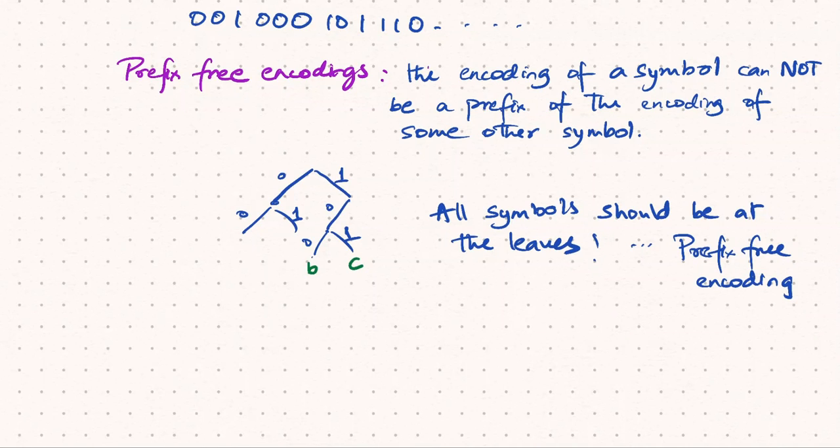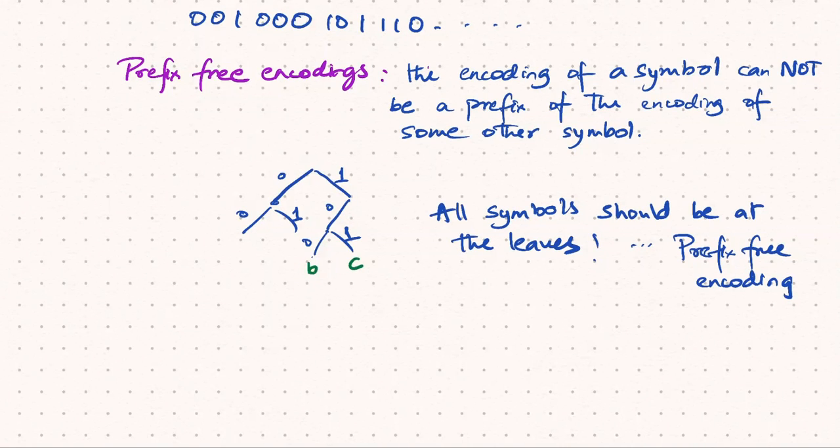The prefix of a symbol is simply the codes encountered when we go from the root to that leaf. While going to B from the root, we first have 1, 0, 0. That is the encoding of B. And 1, 0, 1 would be the encoding of C, and so on.